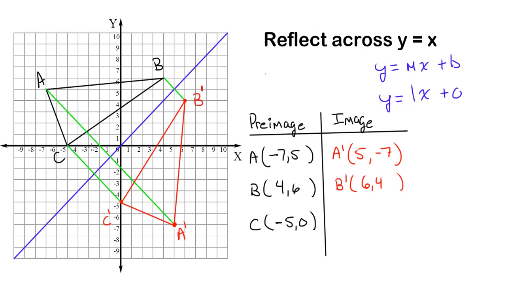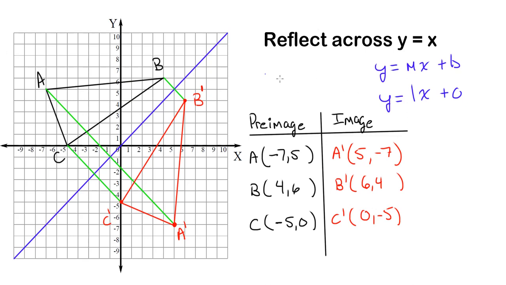And C was at (-5, 0), and C prime ends up at (0, -5). So if we look at the way that the ordered pairs changed, what we see here is that the x and the y values are switching. We went from (-7, 5) to (5, -7), from (4, 6) to (6, 4), from (-5, 0) to (0, -5).